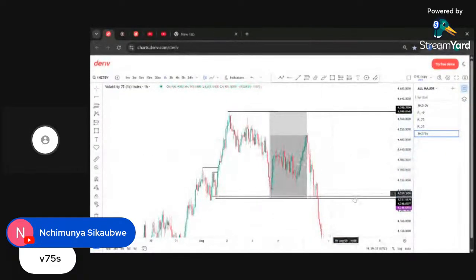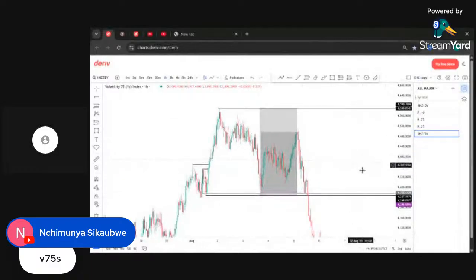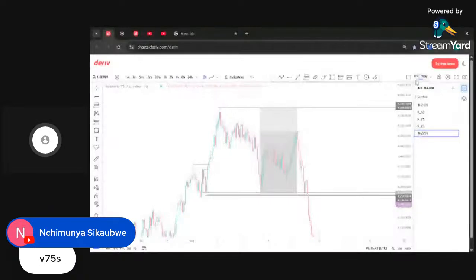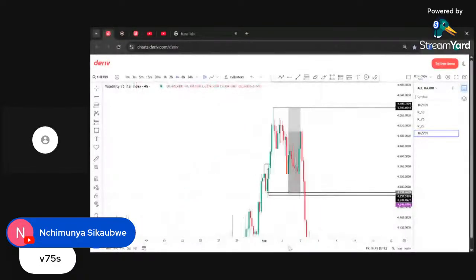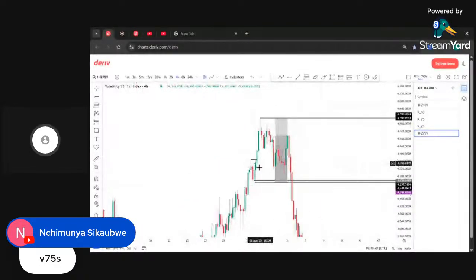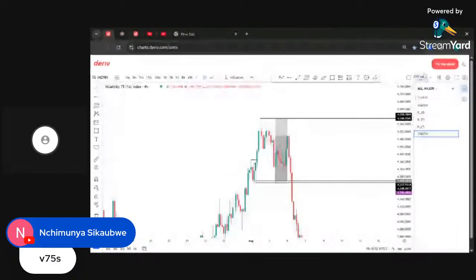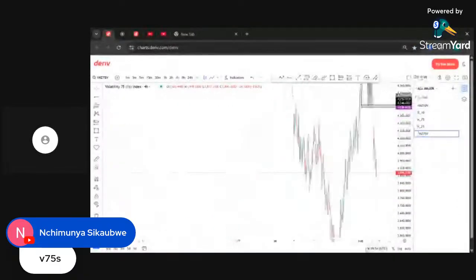So why I took it was because basically I saw a clean validation and invalidation point, and I saw my liquidity engine and I entered from there, and that was it. You understand? It's not really that deep.